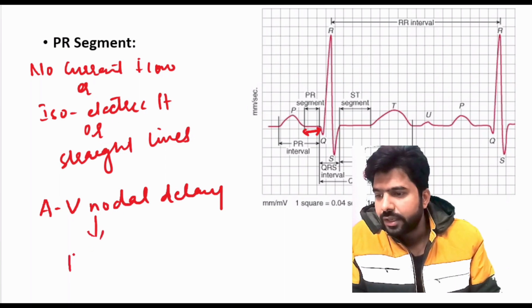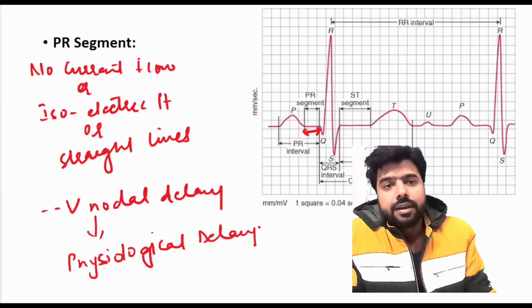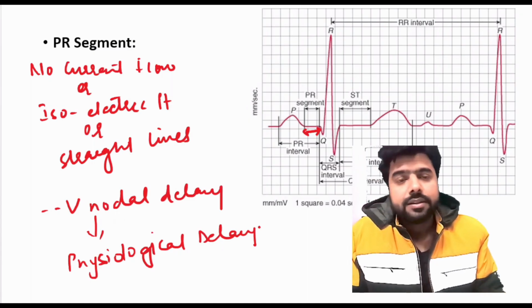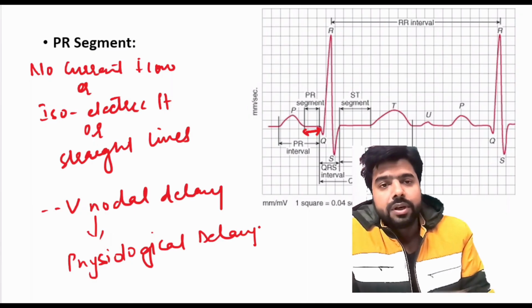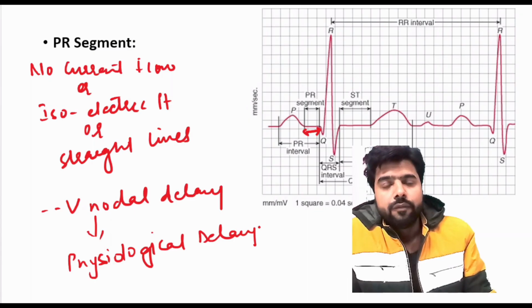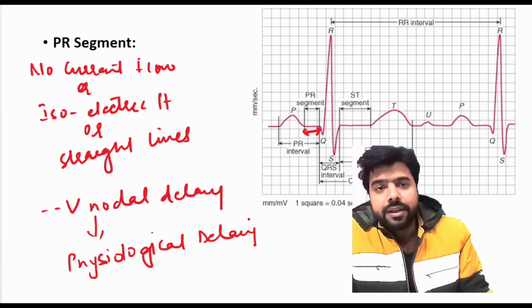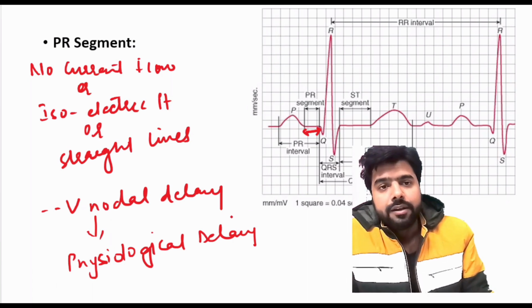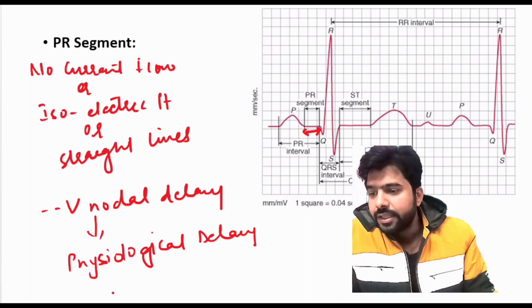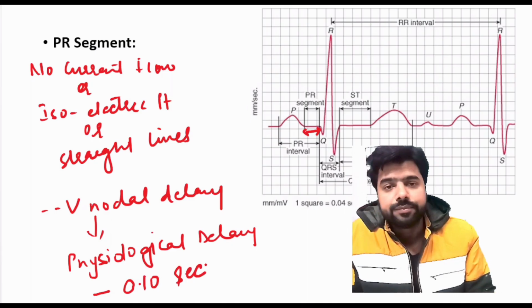Now this is a physiological delay, and why is it a physiological delay? Because this delays the impulse to pass from the SA node to the bundle of His. From atria to ventricles, it delays the impulses to pass. And this is a physiological delay so that the whole of the blood from the atria will eject out and go into the ventricles. Okay, and this physiological delay is of around 0.10 seconds.